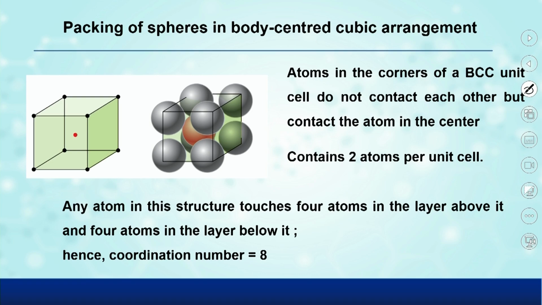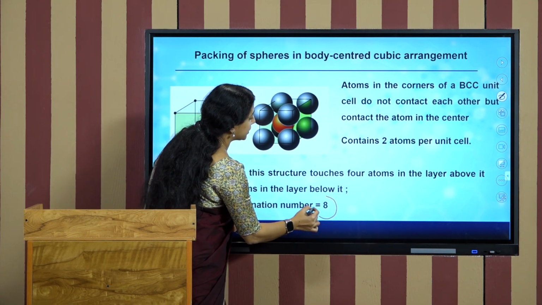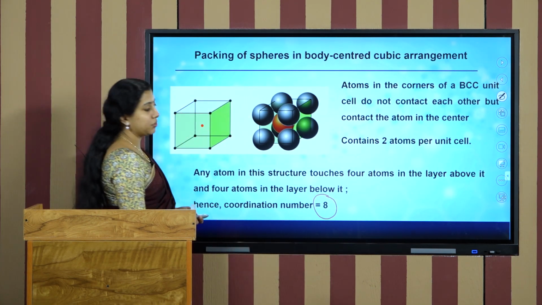Any atom in this BCC structure touches 4 atoms in the layer above it and 4 atoms in the layer below it, and hence the coordination number in a BCC unit cell is equal to 8.